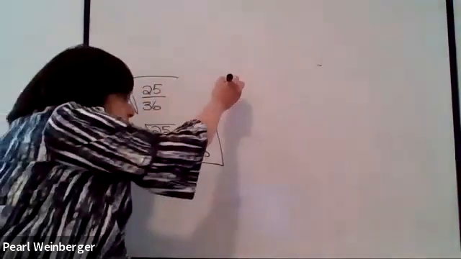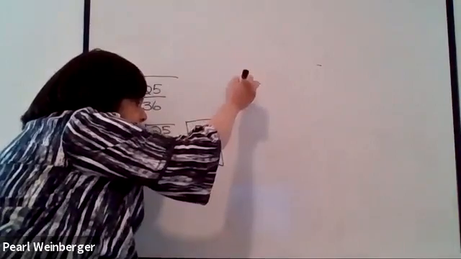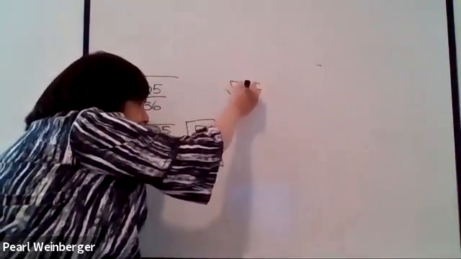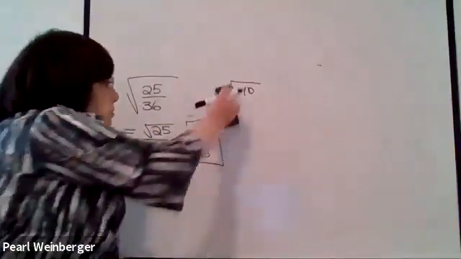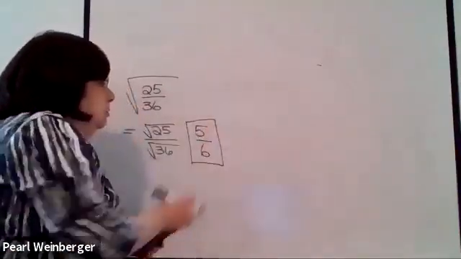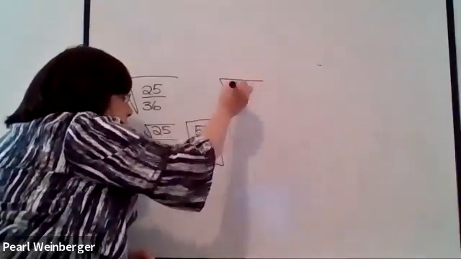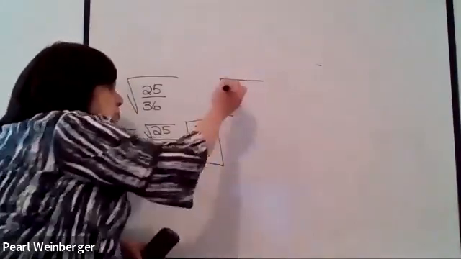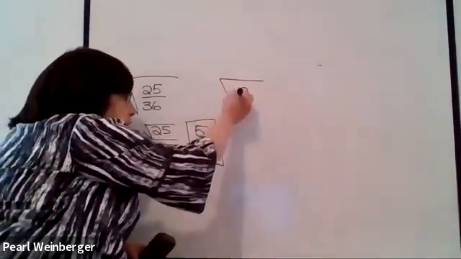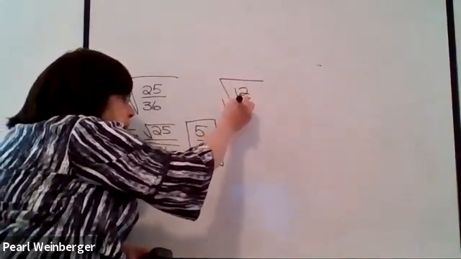What if I had the square root of 10? Okay, let's do it. Suppose I have the square root of 12 over the square root of 50.